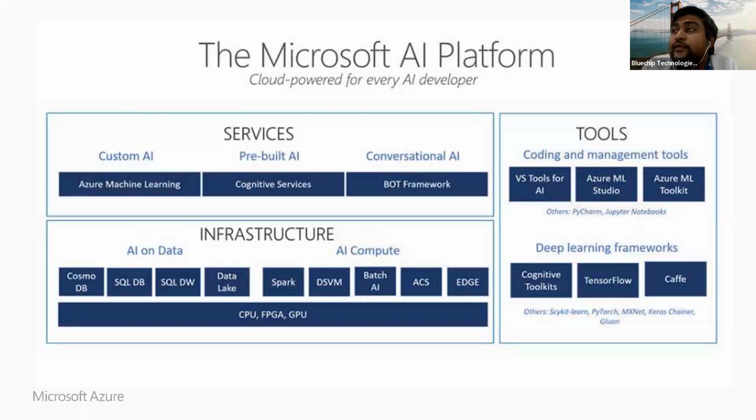Then here you can see the Microsoft AI platform, which provides a lot of services as a cloud provider. They provide built-in services, and infrastructure services like virtual machines and cloud computing. Then they provide tools, deep learning frameworks, things like that. So they provide a lot of these as services in terms of AI.